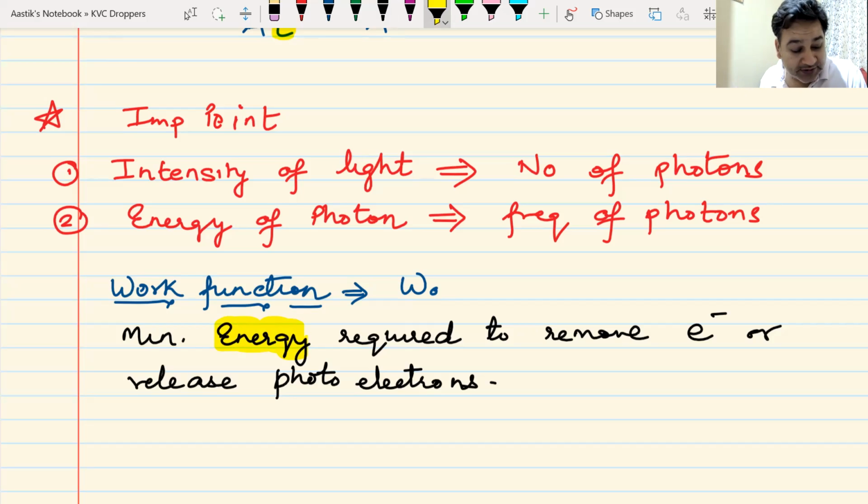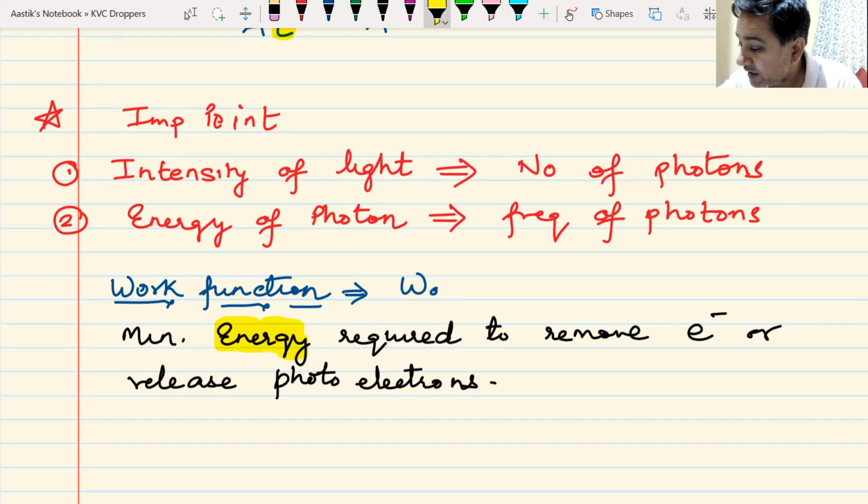Now let us take the example of this metal sheet, from which I want to remove electrons. To remove electrons, I must provide it with energy. There are only two ways in which I can give it energy.